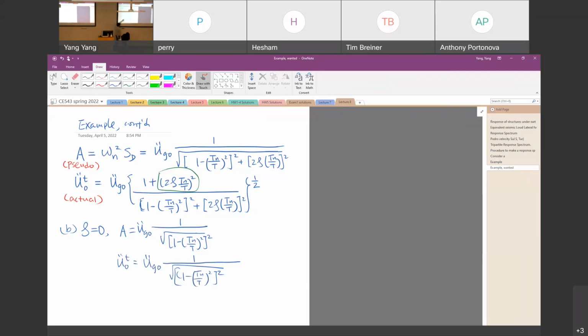The pseudo one and the actual one, they are identical. So the only case is that T over T_n ratio is equal to 0.